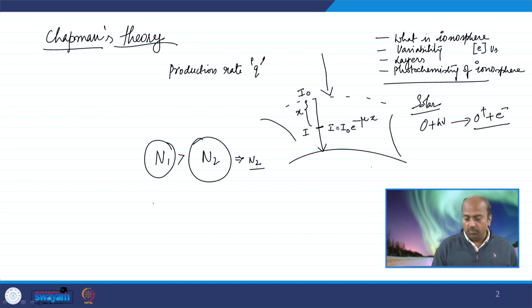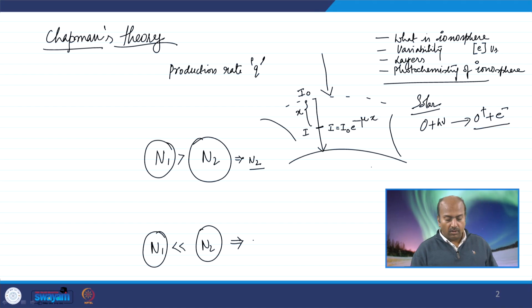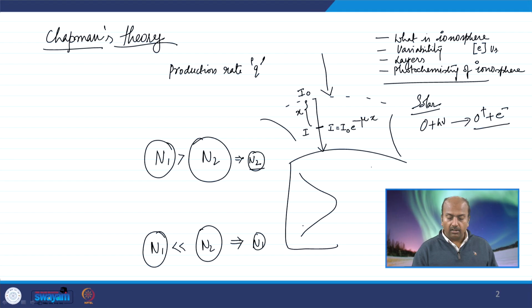When you go towards the bottom, n1 becomes very, very small in comparison to n2. As a result, who will decide the number of electrons? n1. So in both places you have very small numbers. So you have a distribution which is something like this, because here the number of electrons will be small, and here also the number of electrons will be small.